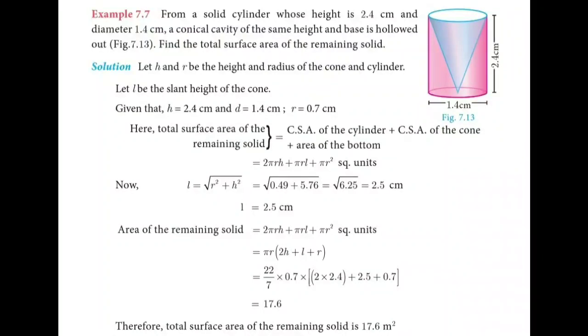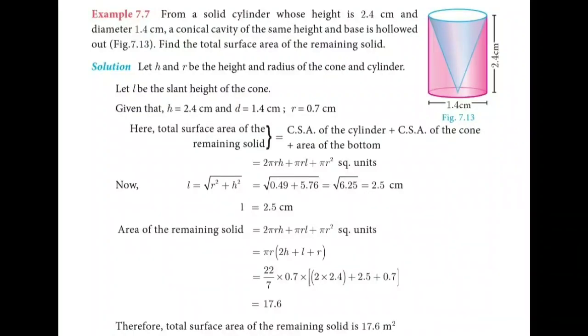We have radius and height. Then find slant height. Then slant height l is equal to square root of r squared plus h squared. Then root of 0.7 the whole square plus 2.4 the whole square.